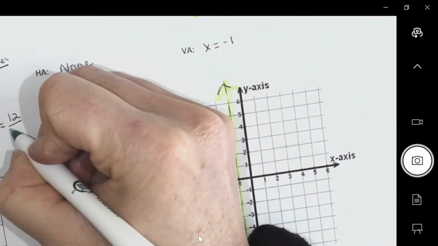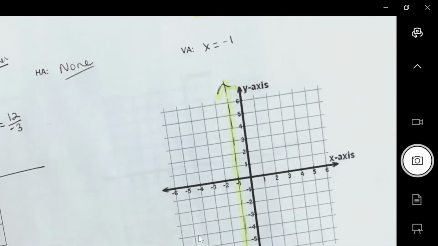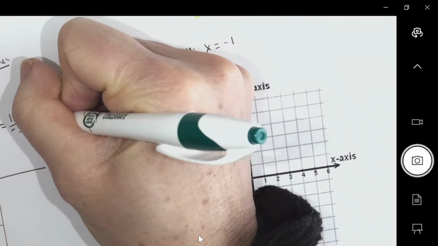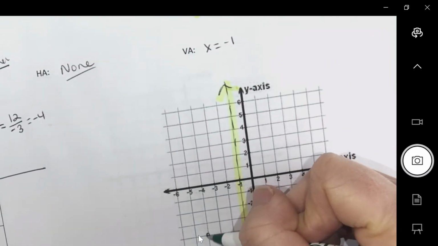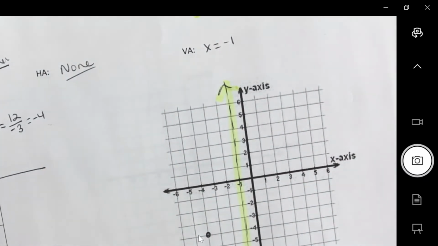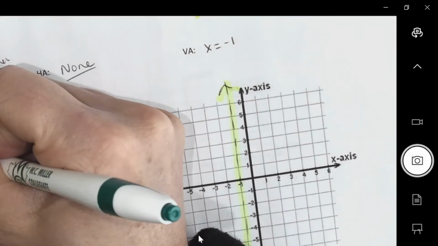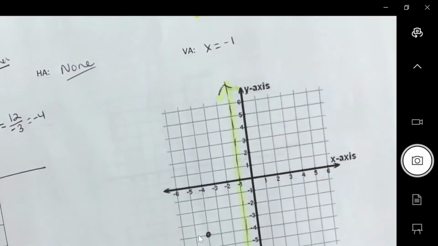This is -3, making -4. Are you okay if I just cheat on the rest and let my calculator do it? No, like I'm super cheating, not a little bit. You ready? -2.5.